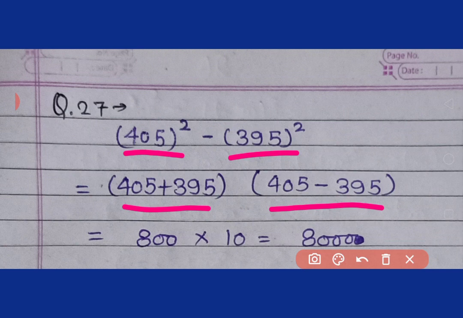The addition of 405 and 395 is 800, and the subtraction of 395 from 405 gives 10. So 10 multiplied with 800 gives the answer 8000.